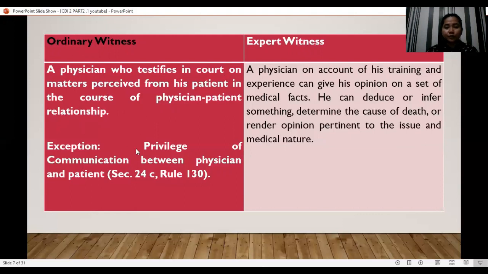It is an exception to the privilege of communication between physician and patient under Section 24, Rule 130. An expert witness is a physician who, on account of his training and experience, can give his opinion on a set of medical facts, deduce or infer something, determine the cause of death, or render an opinion pertinent to the issue and medical in nature.